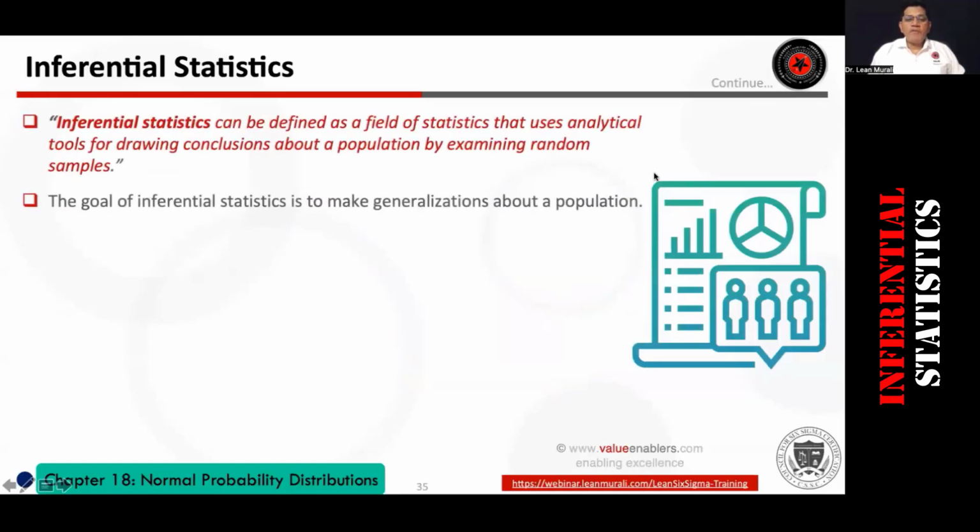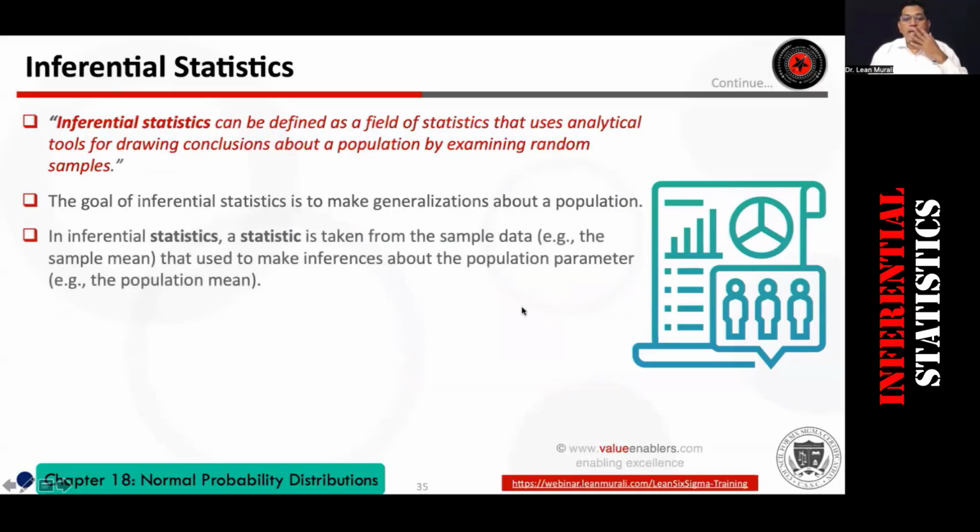The goal of inferential statistics is to make generalizations about the population. In inferential statistics, a statistic is taken from sample data. What is this statistic? For example, the mean, or the average, of the sample is taken. The statistic means the central tendency and the distribution, and this is used to make inferences on the population parameter.